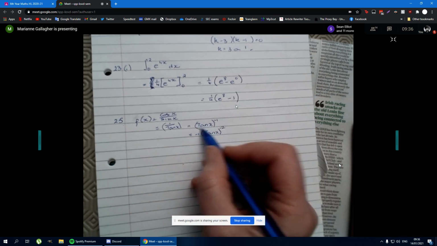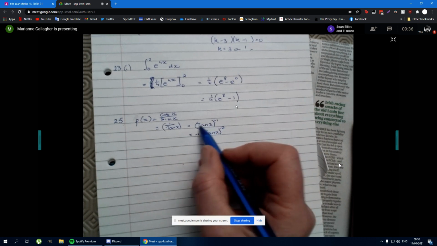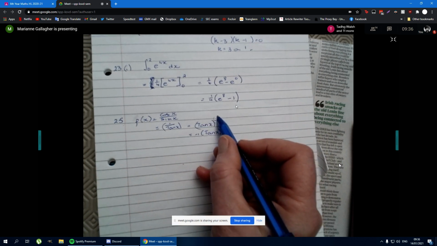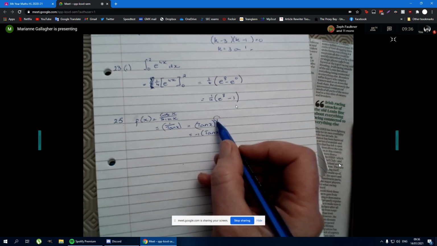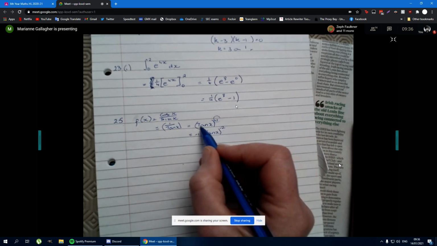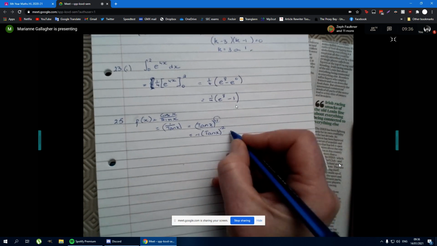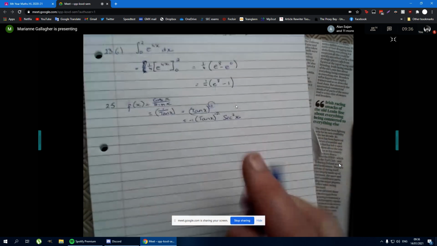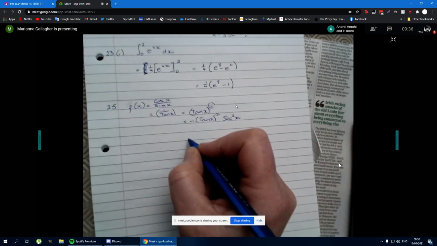So that's the bracket part done. This is going to be chain rule. So dealing with this first, bring down the -1 and that becomes -2. And then if I differentiate the tan, I get sec squared x, okay? Everyone with me so far?